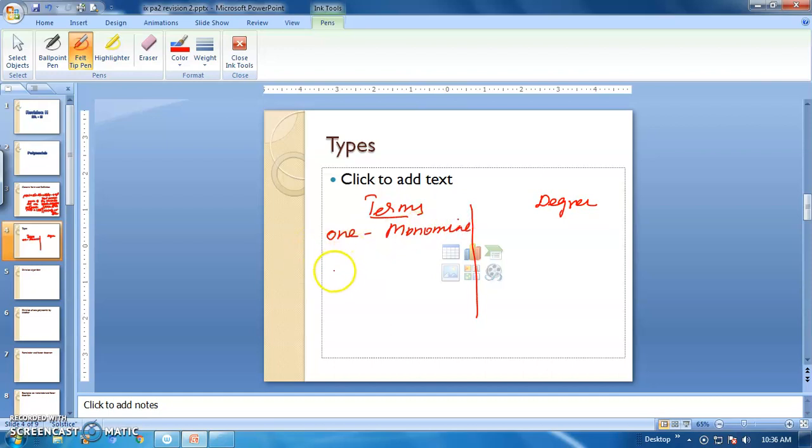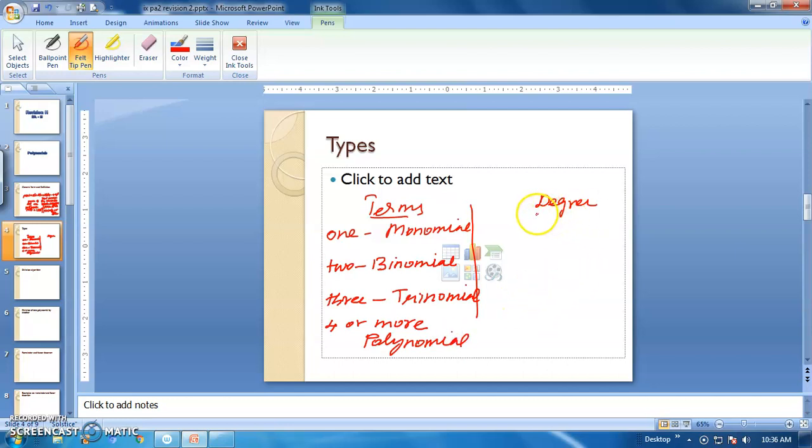The polynomial which contains two terms is called binomial. The polynomial having three terms is called trinomial. And four or more terms, generally we can call polynomial.